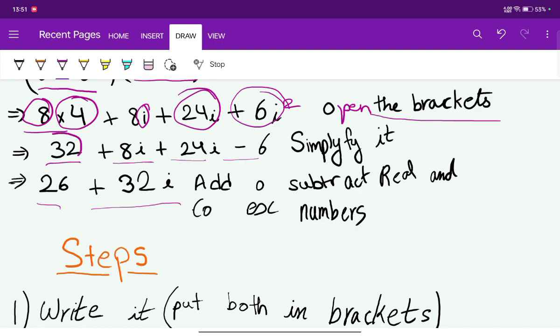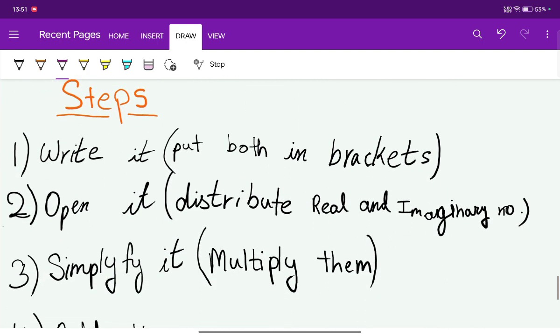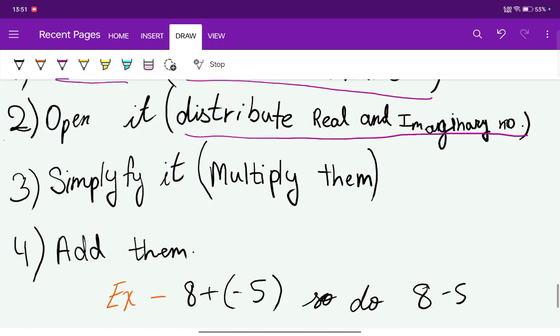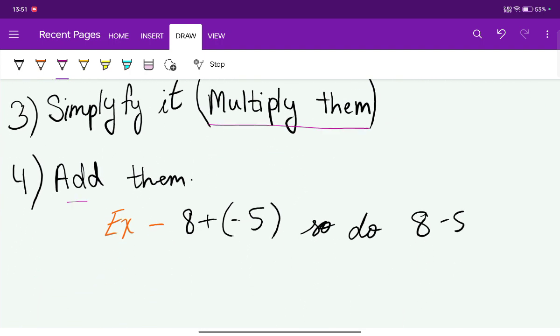So we have to subtract or add the real and complex numbers separately. Steps. Write it, put both in brackets, open it, distribute the real and imaginary number, simplify it, multiply them, and then add them. For example, if 8 plus minus 5, then we have to do 8 minus 5.